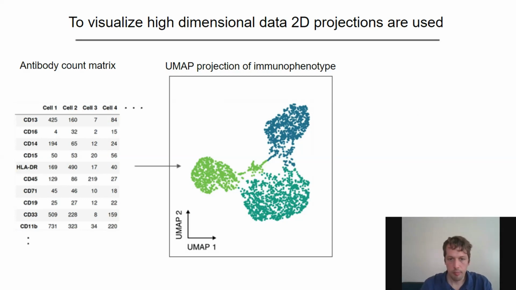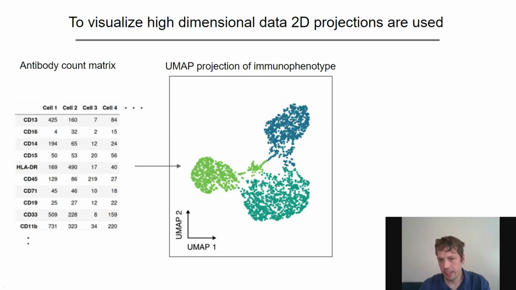It's somewhat cumbersome to interpret this data in a similar way as you would interpret a fax result. And therefore, we use summary statistics or dimensionality reduction algorithms, such as, for example, the uniform manifold approximation and projection algorithm, in order to analyze and investigate the data.